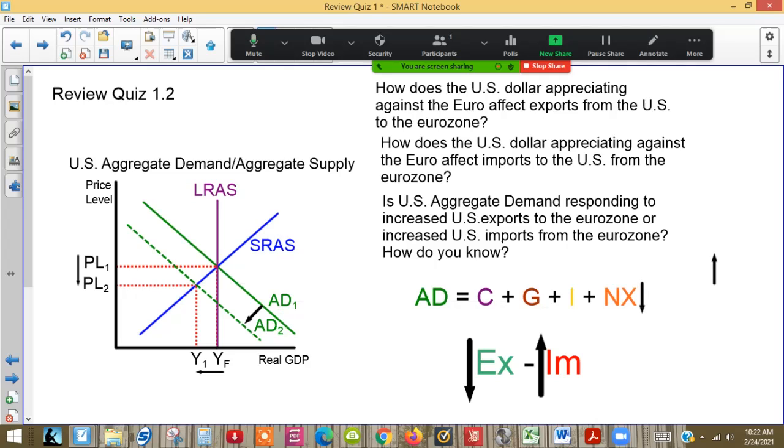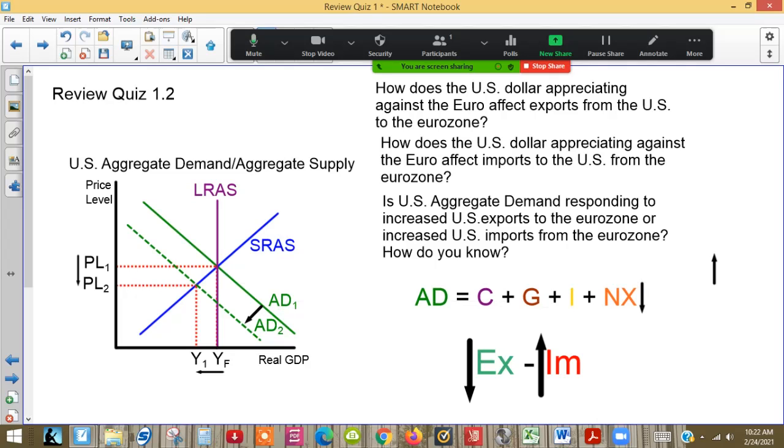Net exports are going to decrease because net exports are exports minus imports, right? And if exports go down and imports go up, this whole expression, net exports, is going to go down, isn't it?